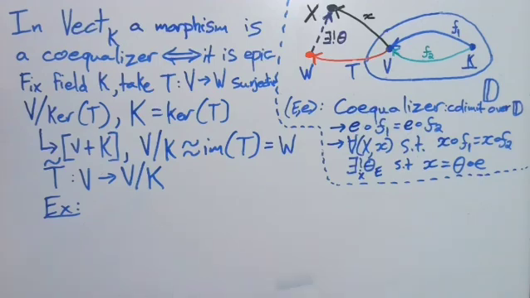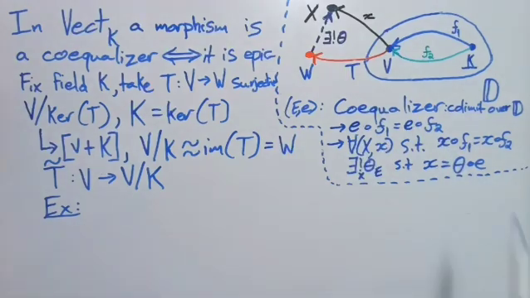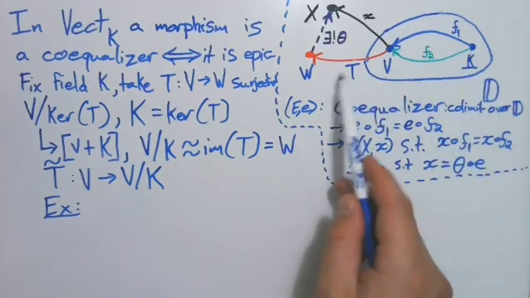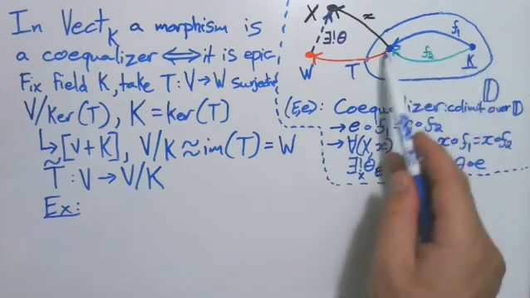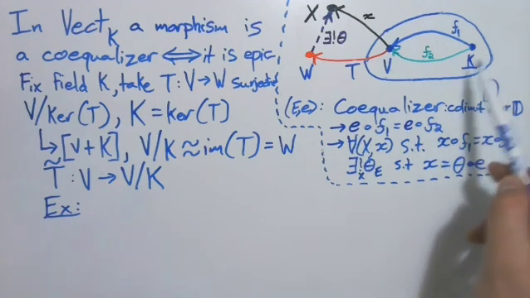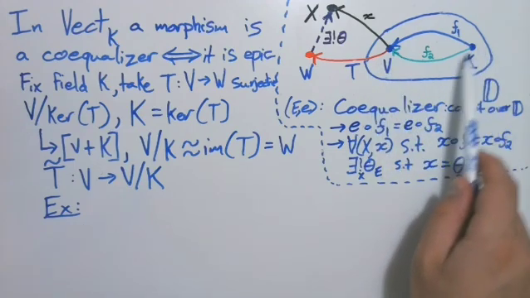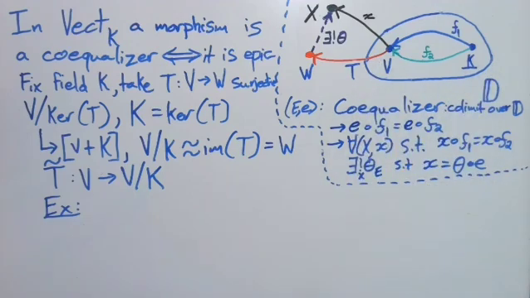And F1 is going to be the inclusion map from the kernel into V. So basically, all the elements that map to 0 under T just pick themselves out in V. And F2 is the 0 map from the kernel into V. So that's just where it takes every element of the kernel and just maps it all to 0. So you can probably see why it makes sense that those would be coequalized.